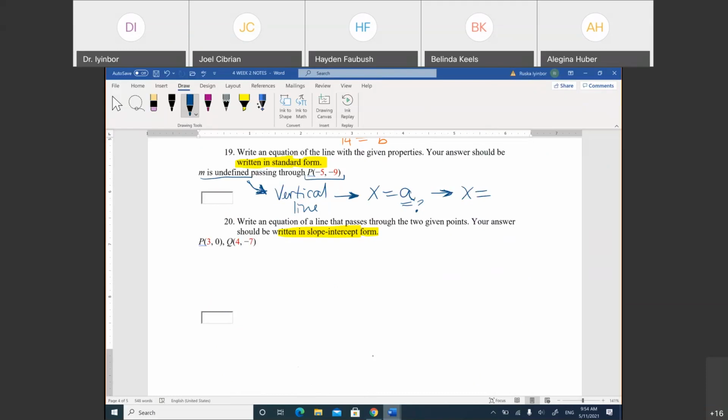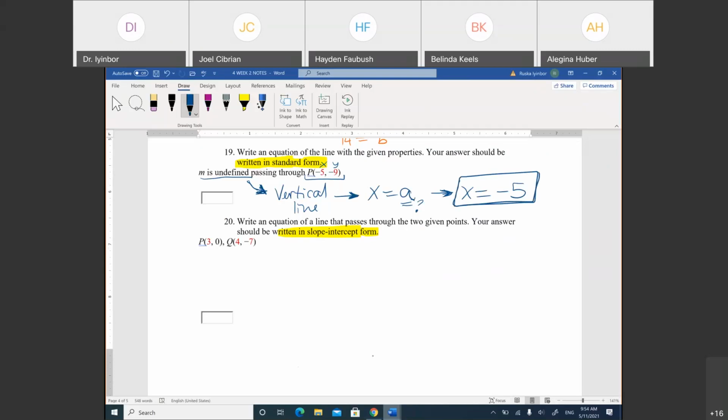Yes, absolutely, good job. Negative 5, because the first number is always x, the second number is always y. So that's my answer, x equals negative 5.